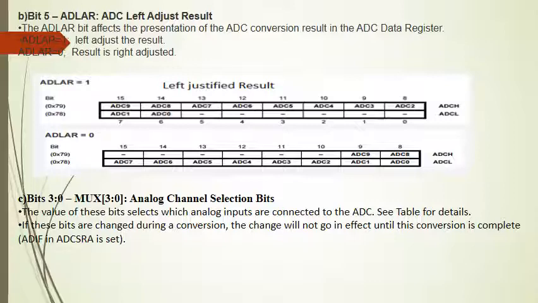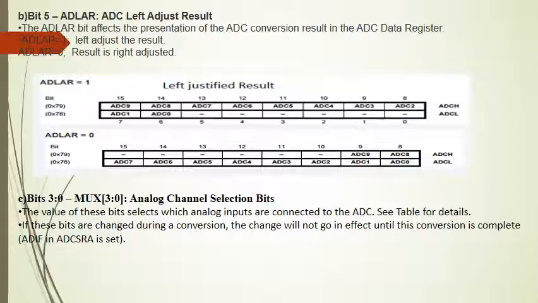If the ADLAR bit is equal to 1, then the result will be left adjusted. Left adjusted result means the lower register will store 2 bits, and the upper register will store the 8 bits. Starting from the 6th bit of the lower register, the data will progress, and ultimately the last bit will be stored in the 8th bit of the higher register. You can see it in the figure.